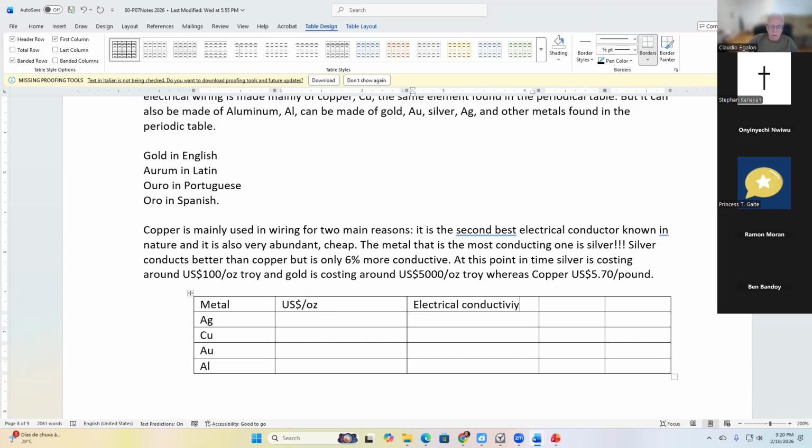The symbol for electrical conductivity is this sigma. What is the most conducting? Silver. Silver conducts better. Let's see here.